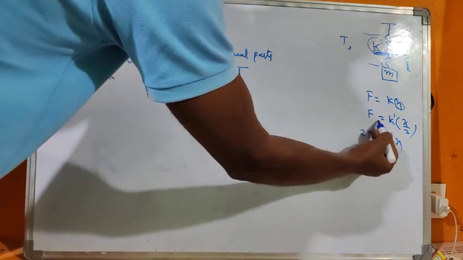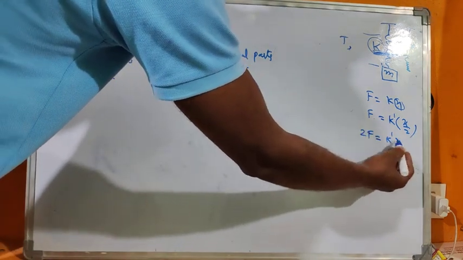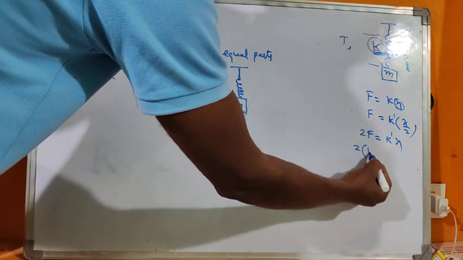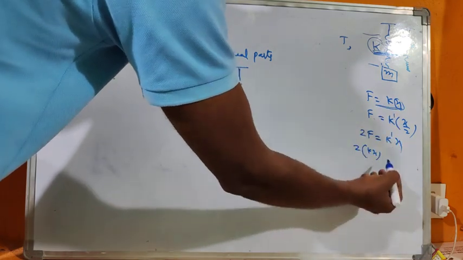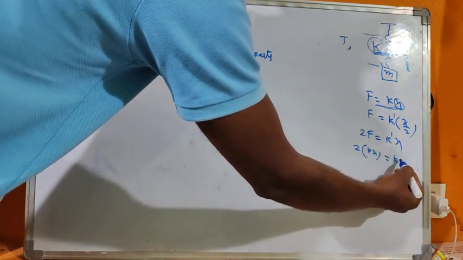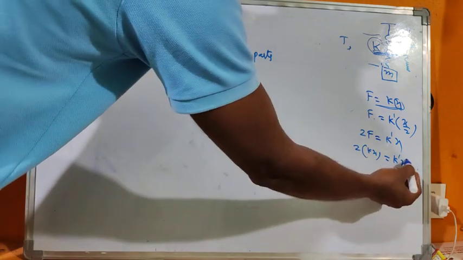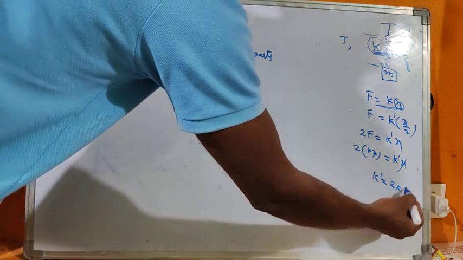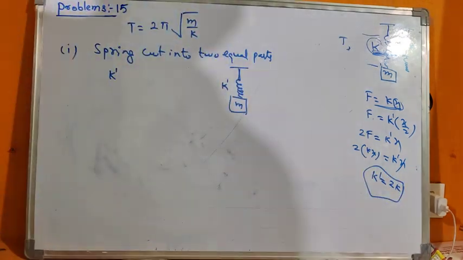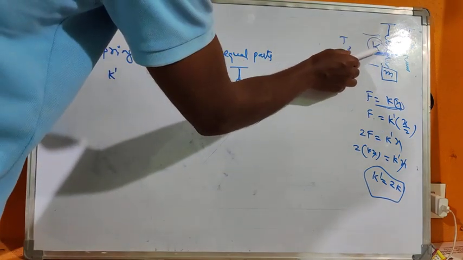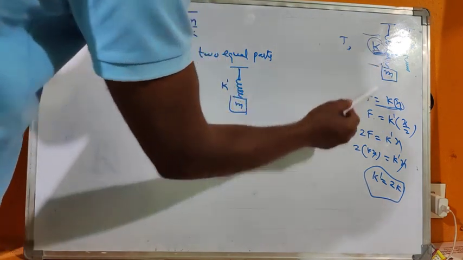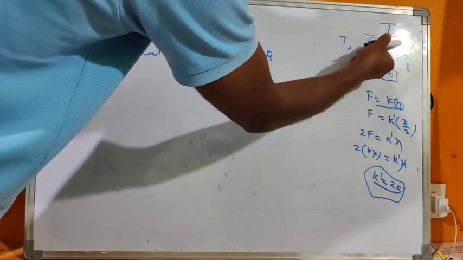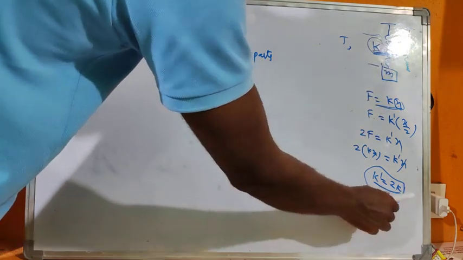We know F is equal to kx, so that is equal to k prime into x. The x cancels, and k prime is equal to 2 into k. This is when a spring of spring constant k is cut into two equal parts, then the spring constant of one part, k prime, is 2k.